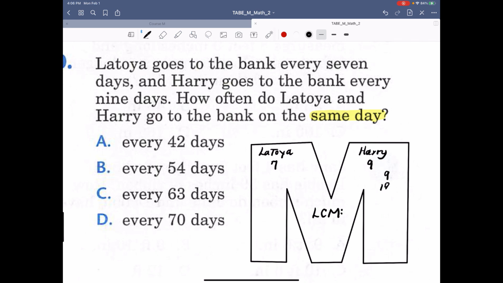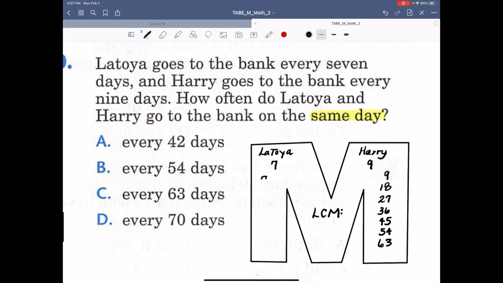9, 18, 27, 36, 45, 54, 63. Thought I skipped one, but I didn't.